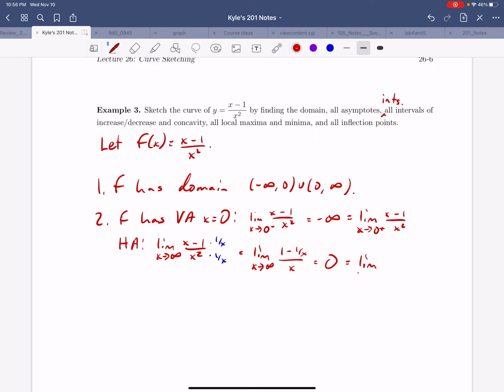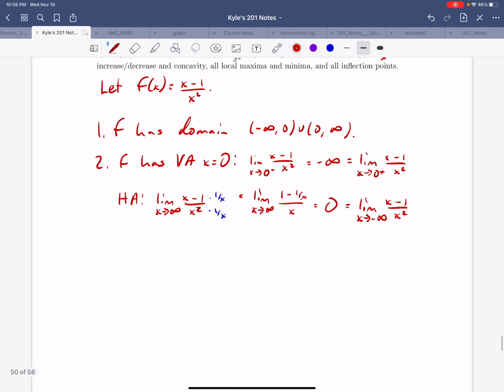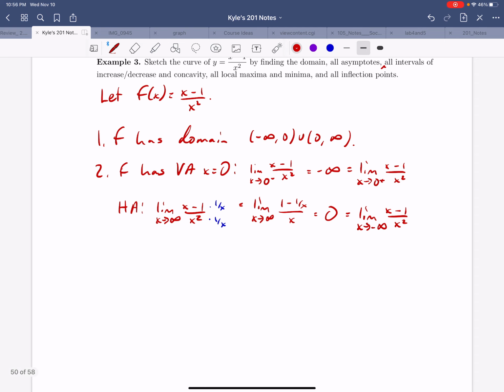Again, you can save some time by noting that's the same as the limit as x approaches negative infinity of f of x. Let me drop this down a little bit, make it look a little neater. So f has horizontal asymptote y equals 0.